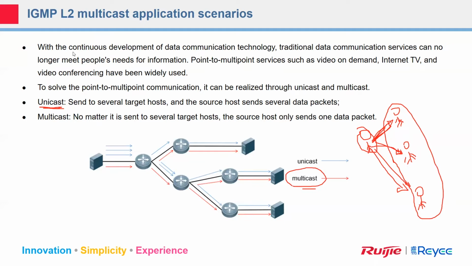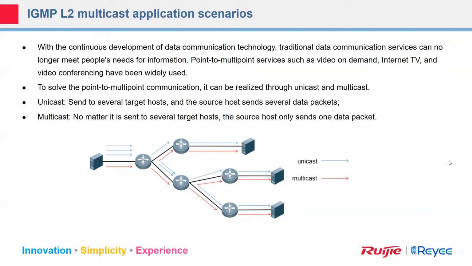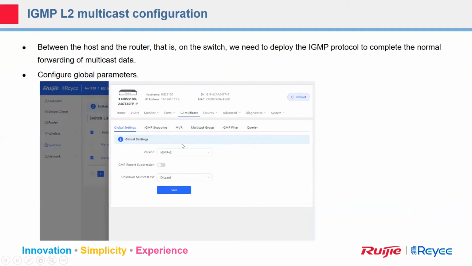So this is the benefit of multicast. One of the protocols of multicast is the IGMP, Internet Group Management Protocol. Let's see how you do some configuration on the IGMP on our NBS. Okay, you go for layer 2 multicast and you start selecting the IGMP version, if it's version 1 or version 2.